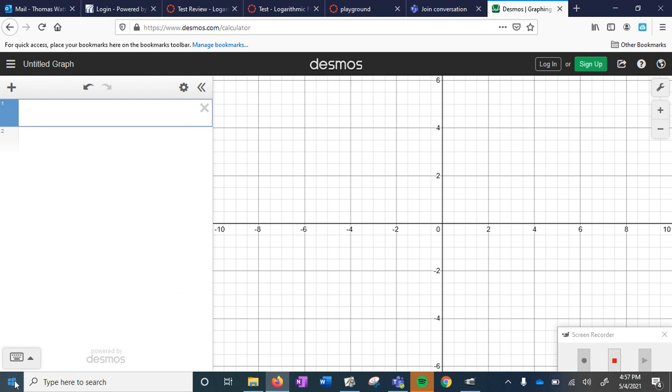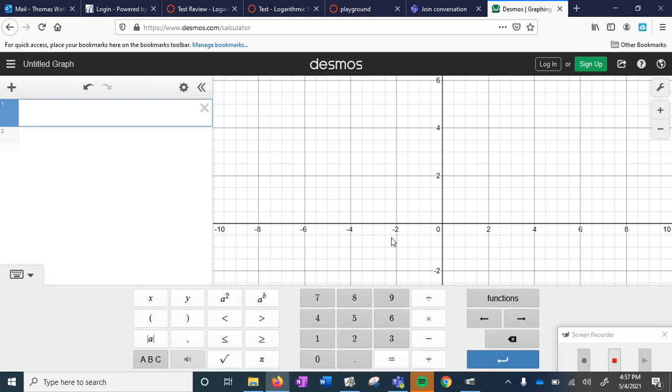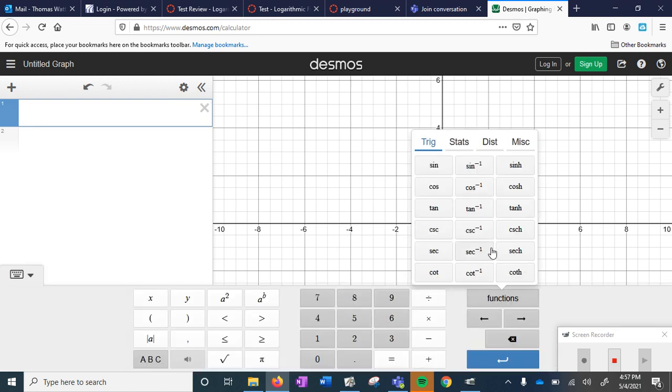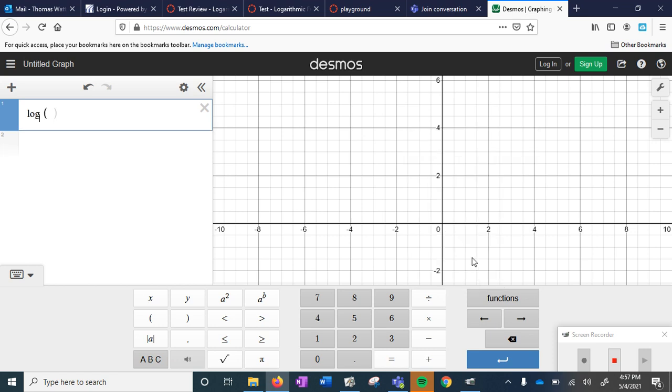Just to remind you where to get all that stuff, hit your functions button and go to the miscellaneous column, and here's your log base. So you want to go log base 3 of x, there it is, and if we want to do plus 3, we type in plus 3, it shifts it up 3. Notice that the domain is still from 0 to infinity.